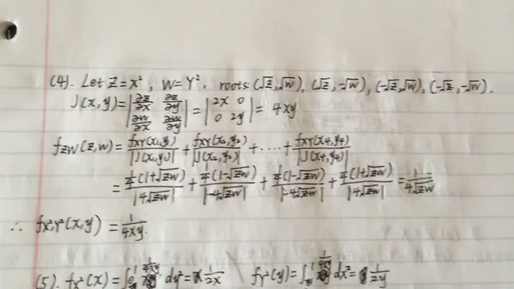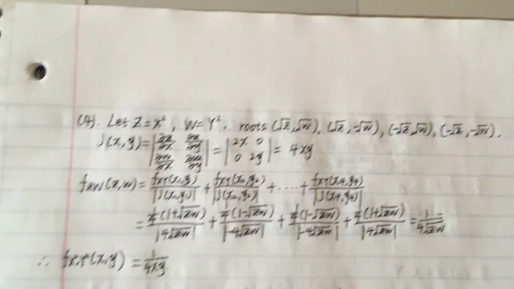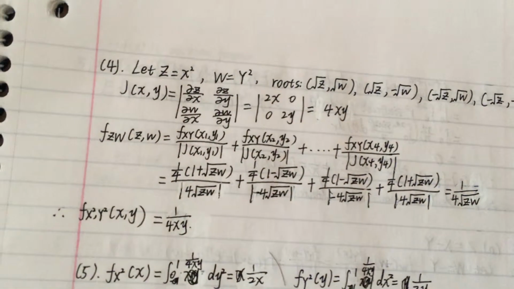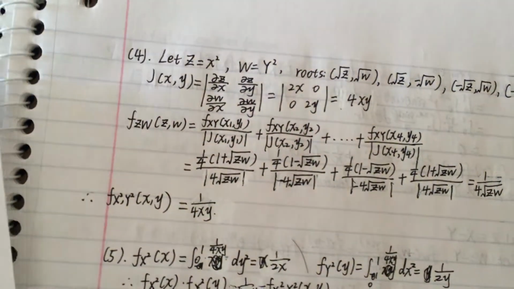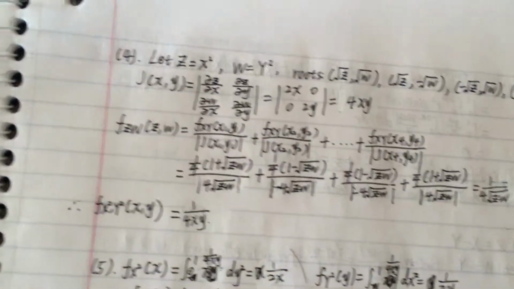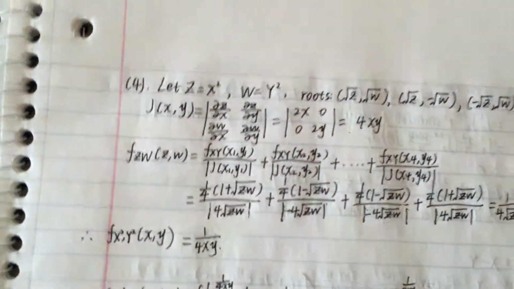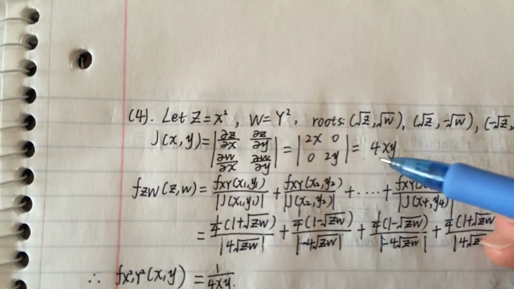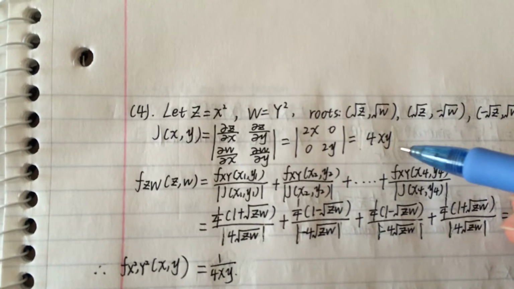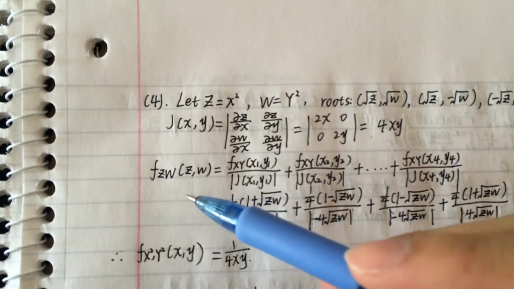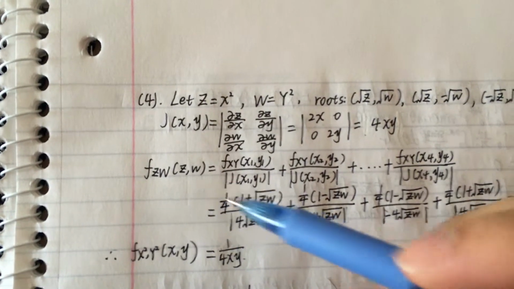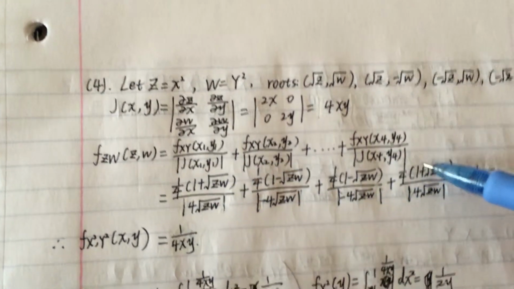We can get the Jacobian through the formulas, and it's like s equals 4 times x times y. So the density function of ZW equals this equation.